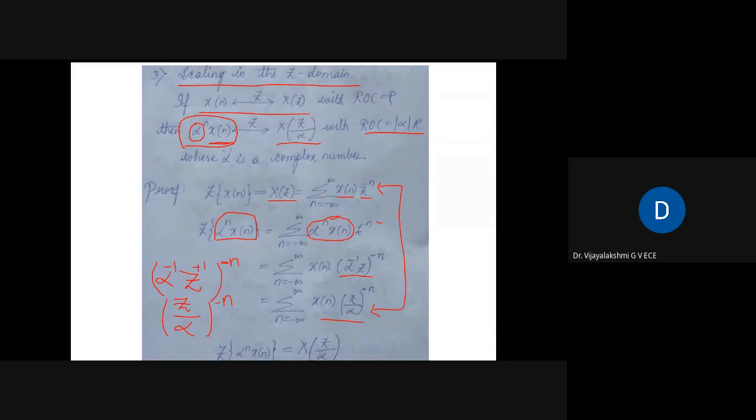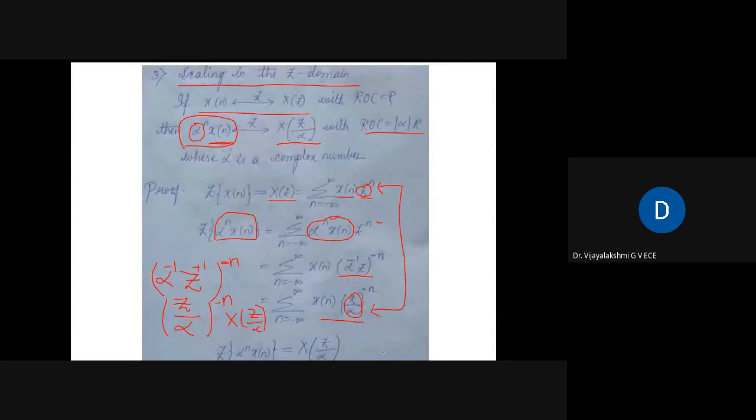Then x of n into z by alpha raised to minus n can be written as X of, here because I had z, it was X of z. Now in place of z, here I have z by alpha. So the left hand side can be written as X of z by alpha, because X of z is scaled. So the Z transform of alpha power n, x of n is nothing but X of z by alpha.